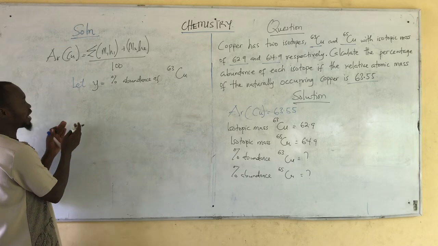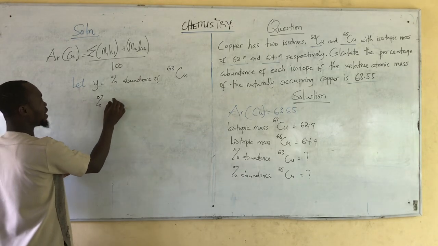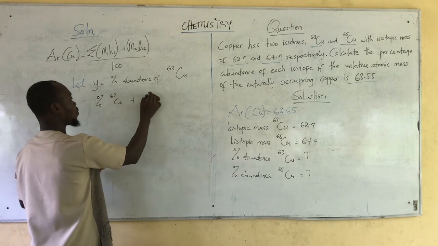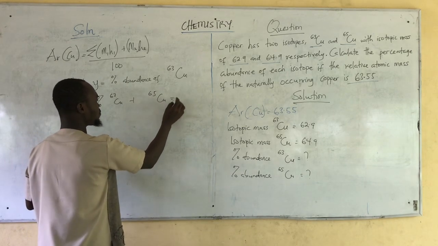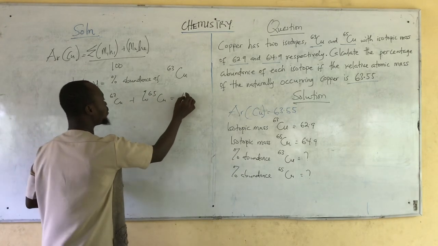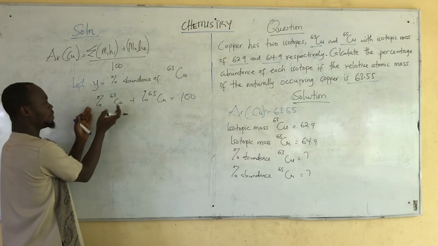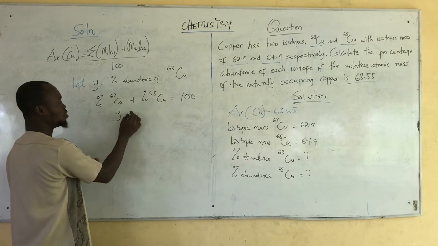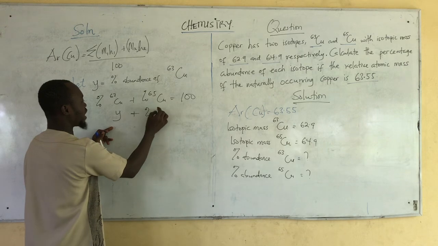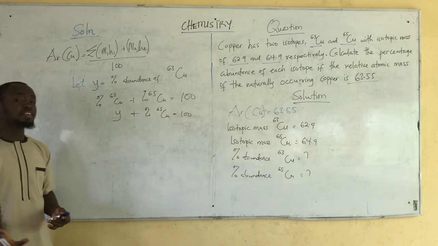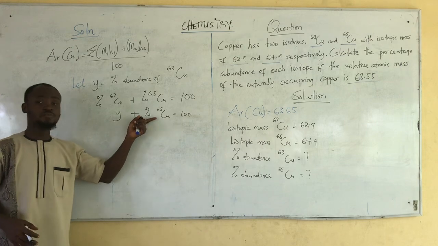So we know that the percentage abundance of copper 63 plus copper 65 in terms of percentage should all be equal to 100. So if we say let y represent this, so y plus that of copper 65 is equal to 100. Then what will be the percentage abundance of copper 65?